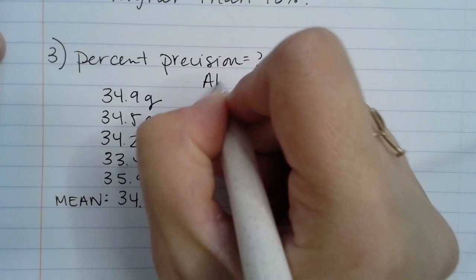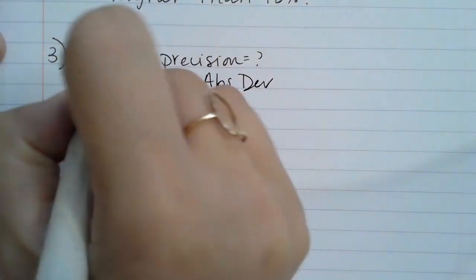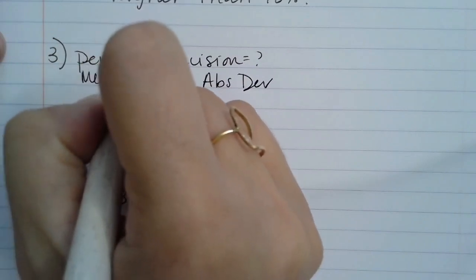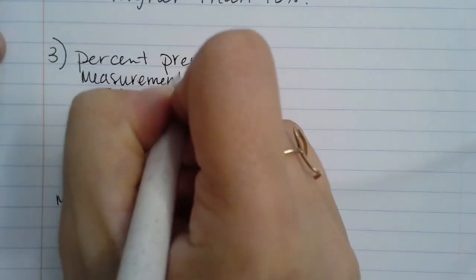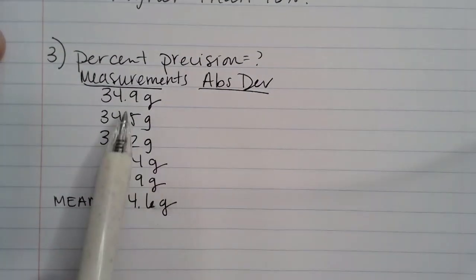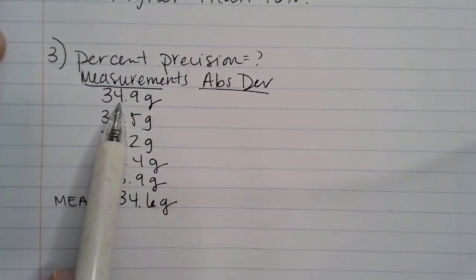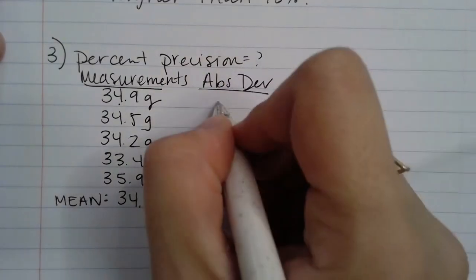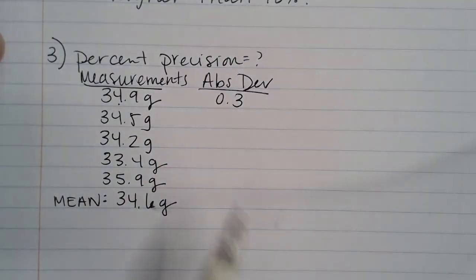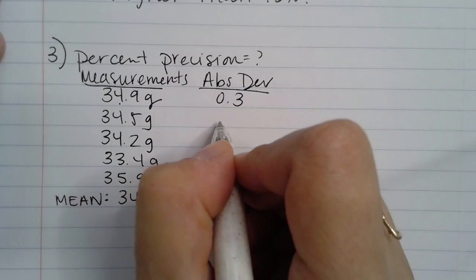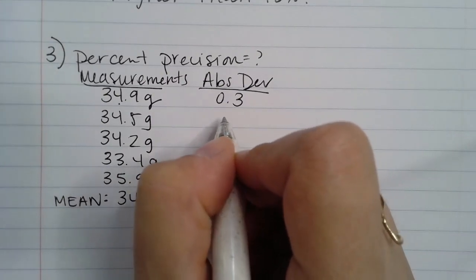We'll find the absolute deviation. These are the measurements, say. And there's the absolute deviation. So let's take this value, 34.9, minus 34.6, and I get 0.3. 34.5 minus 34.6 gives me negative 0.1, but remember, it's absolute.